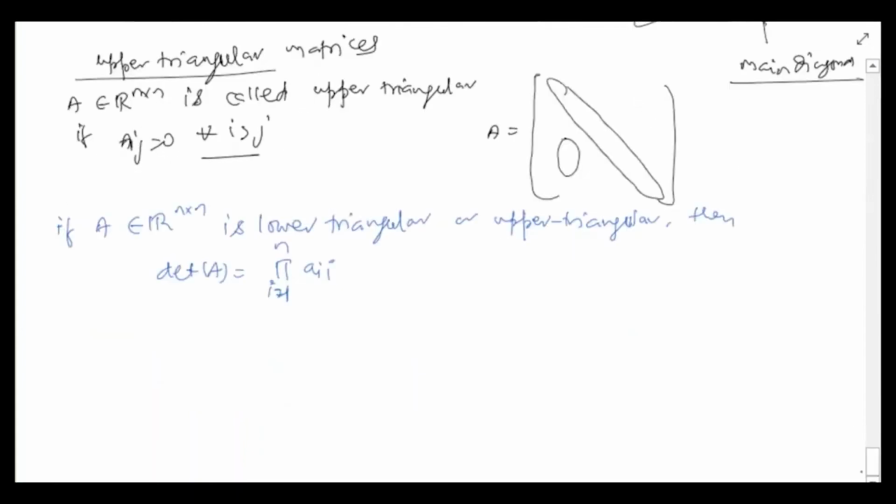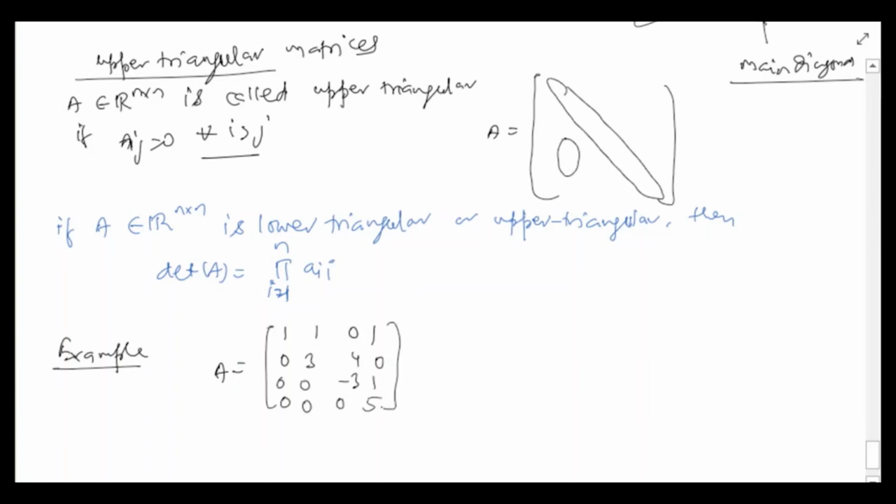Okay. Let's see an example. Let us consider the 4 by 4 matrix 1 1 0 1, 0 3 4 0, 0 0 minus 3 1, 0 0 0 5.